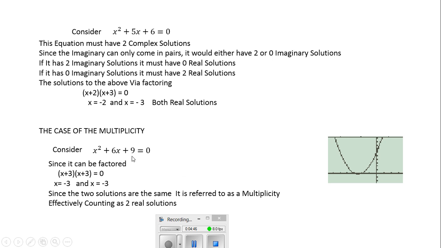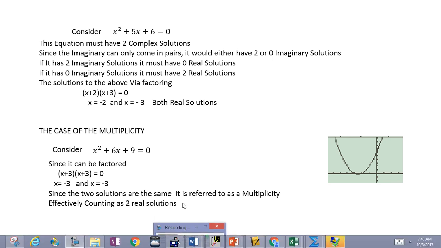Now, we look at this one. This is another quadratic, a factorable quadratic, if you will. In fact, it factors with 2 factors which are identical, so they are real. And again, since we were mandated that we can only have two solutions and that imaginaries can only come in pairs, we must conclude that these two solutions are the same.